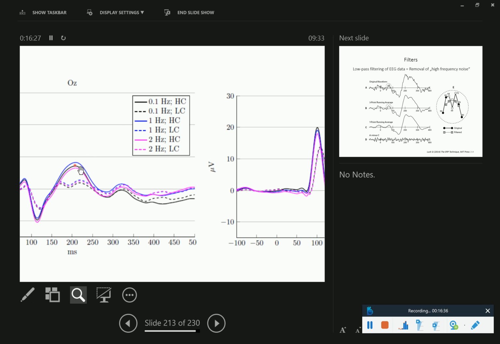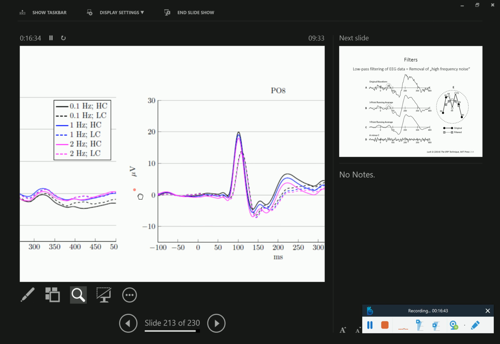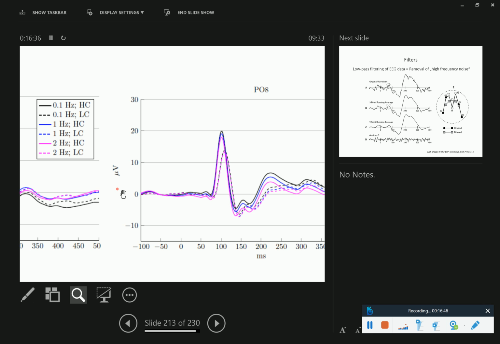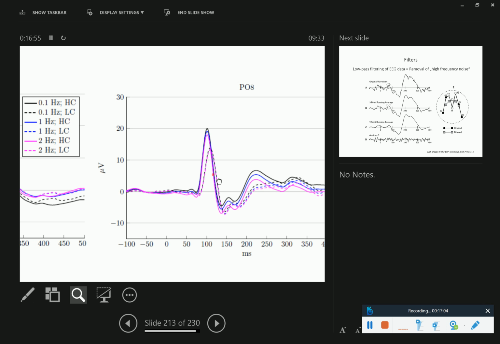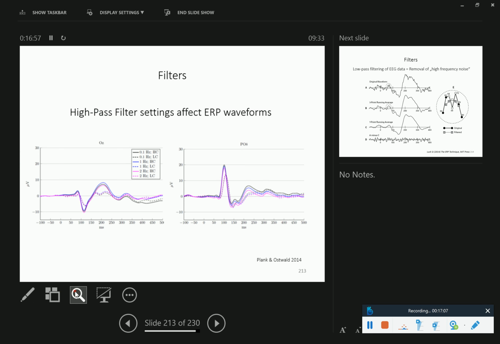The high coherence has the non-dashed line, and the low coherence has the dashed line, and you see that if you filter them the same way, which is natural because you would apply one filter setting to all of your data, not to only one condition, the finding that, for example, the P100 is larger for the high coherence than for the low coherence remains intact irrespective of your filter settings. So then it doesn't really matter how you filter it if you're interested in these differences.